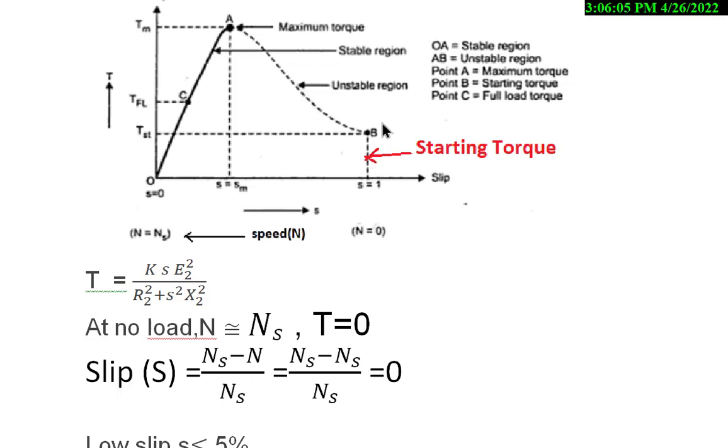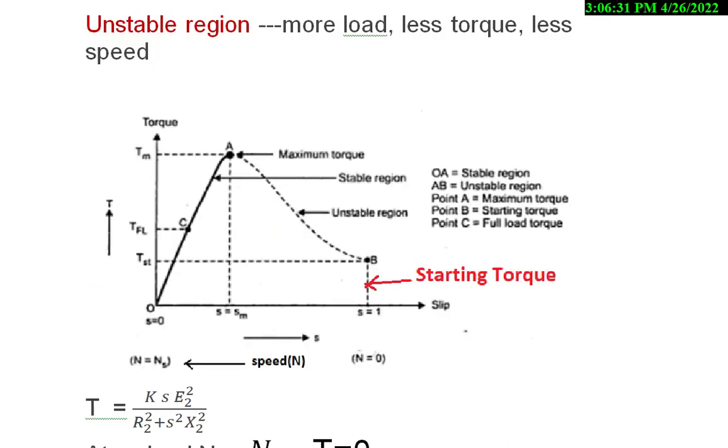Under this condition, the torque available in the motor is called the starting torque. In the unstable region, the torque slip characteristic of the three-phase induction motor is a rectangular hyperbola, whereas in the stable region it is approximately linear in nature.